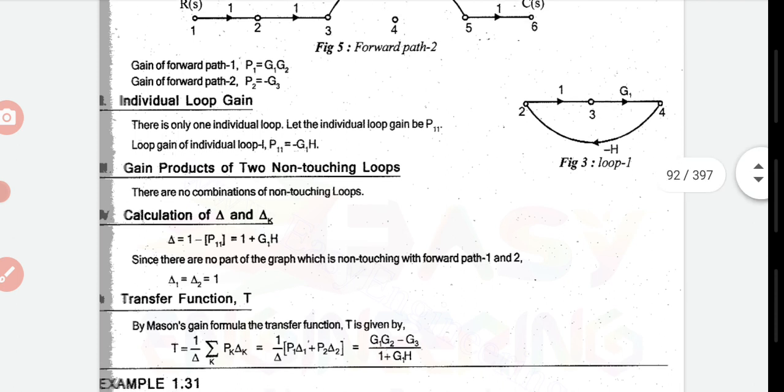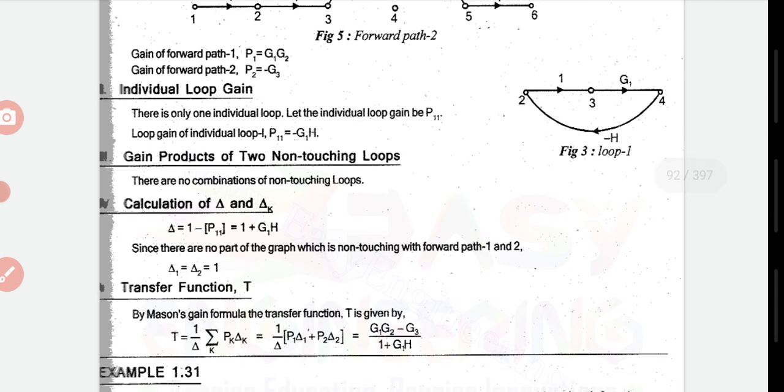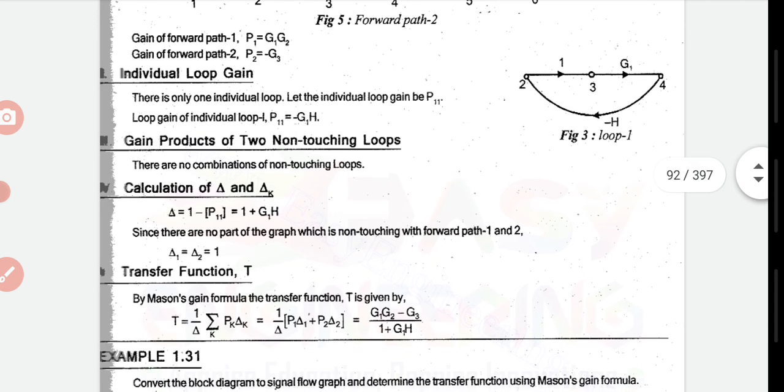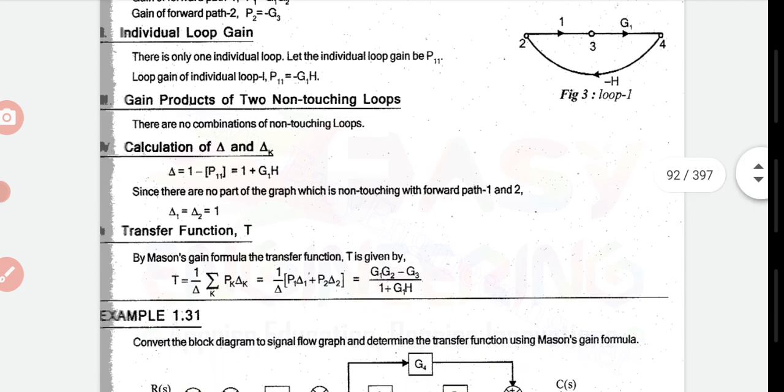Finally, you have calculated all the values. You know delta, and similarly P1 delta 1, and P2, which is minus G3, and delta 1 and delta 2. Substitute all those values in Mason's gain formula.